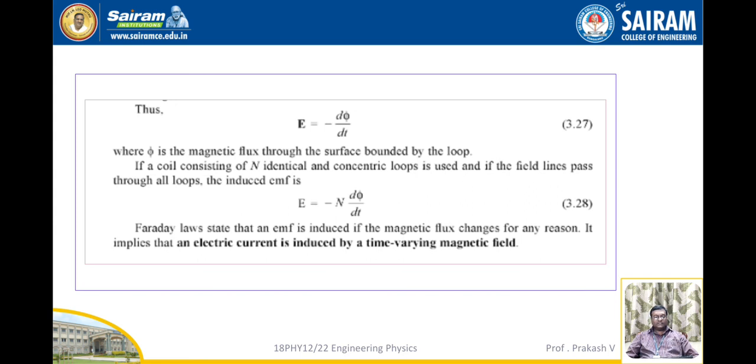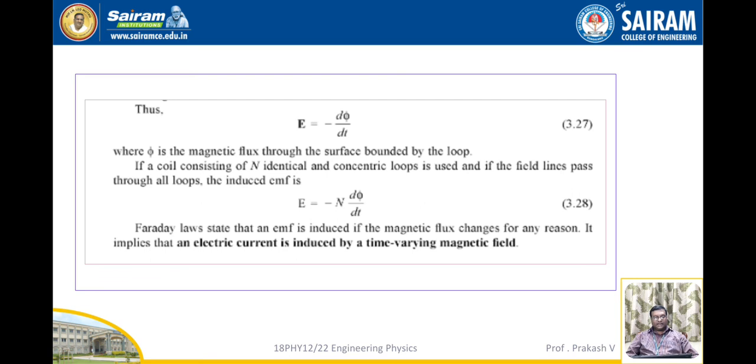If a coil consisting of n identical and concentric loops is used, and if the field lines pass through all loops, the induced EMF is given by E is equal to minus n dΦ/dt. Faraday's law states that an EMF is induced if the magnetic flux changes for any reason.